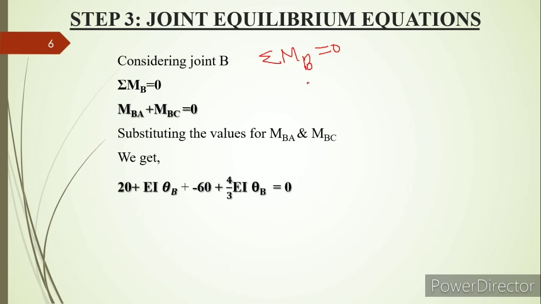From this single equation we get the value of EI theta B, because the only unknown is EI theta B. Therefore by combining, we get 2.33 EI theta B is equal to 40. From that, EI theta B is equal to 17.143.